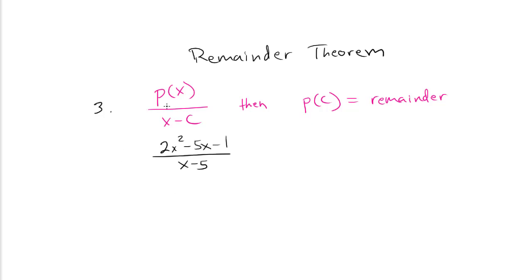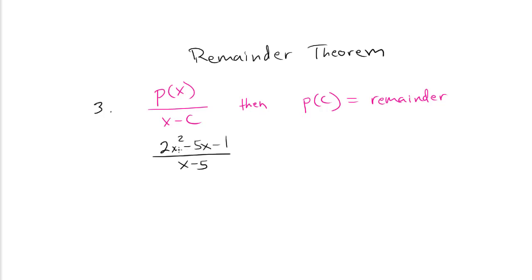It says if I have a polynomial p of x in my numerator, and I divide by a linear, that is a degree 1 polynomial of the form x minus c, where c is the constant, then I could plug that c back into my numerator polynomial, my numerator function, and the result will be the remainder for that function.